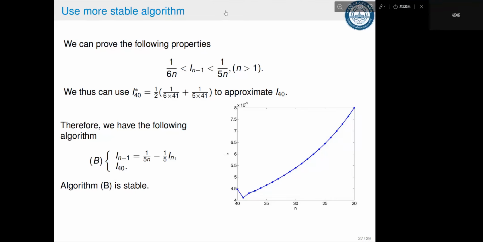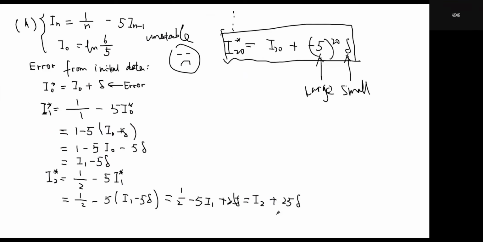So to show you more clearly, let's go back to the whiteboard. Let's clean what I wrote here. So you see, I get the algorithm B: I_{n-1} = 1/5 times 1/n minus 1/5 times I_n.